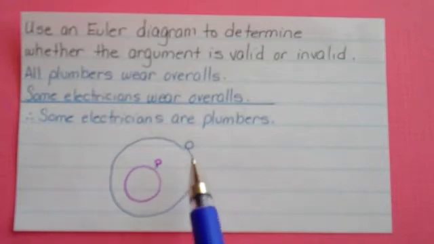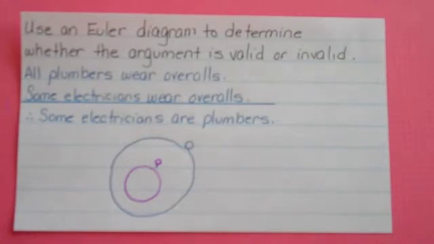All plumbers wear overalls. Now my next statement says that some electricians wear overalls, and my conclusion is some electricians are plumbers. Now remember, I'm trying to disprove this, because if I can show it's not true, then it's invalid.